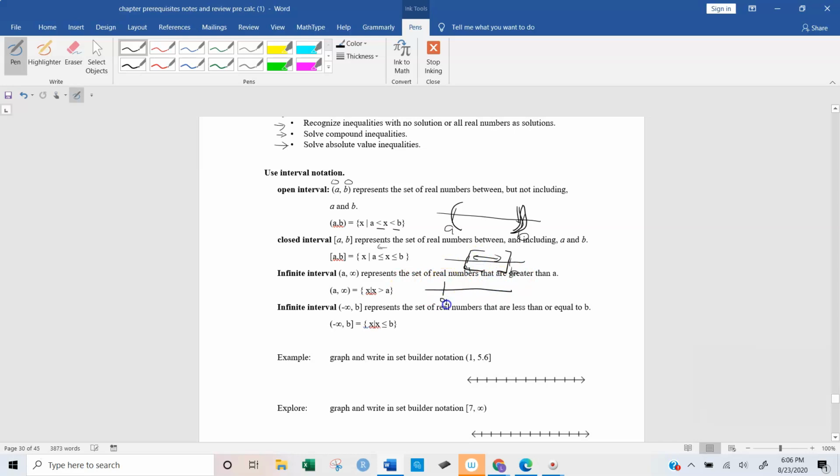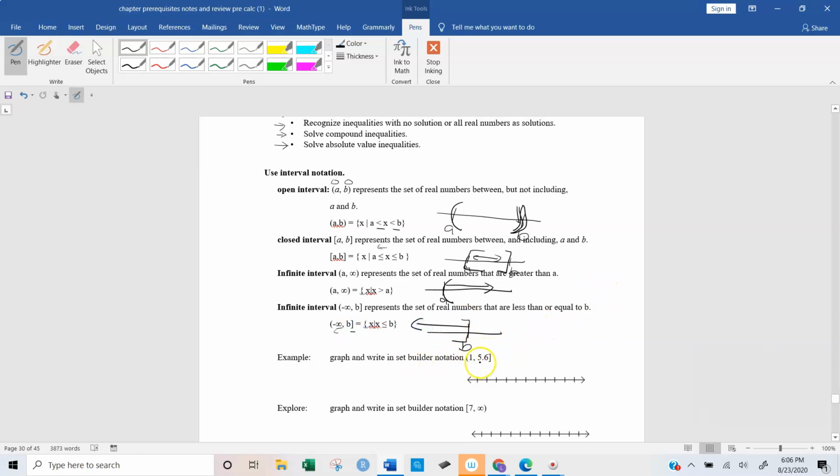So now we have A again. Greater than without an equal sign means it's a parenthesis, and it goes on forever since it goes to infinity. Now B, it's less than because it's a negative infinity over here. So B is here, but it can go up to B because that's an inclusive bracket. So it goes this way and includes all the numbers to the left of B.